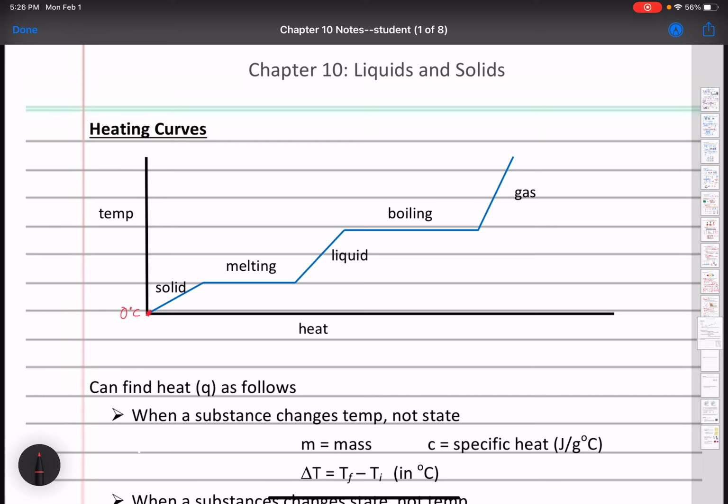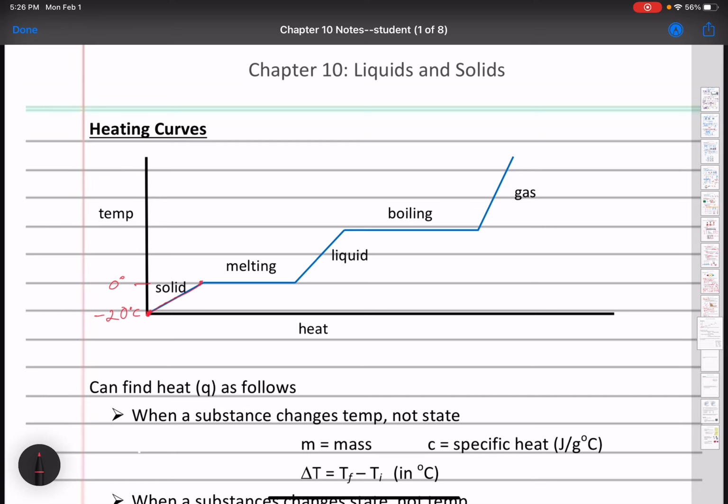Actually, let's make it even colder than that. Let's make it negative 20 degrees here. So you can have ice that's negative 20 degrees, and you can have ice that's negative 10 degrees, and you can have ice that's negative 5 degrees, all the way up to ice that is 0 degrees Celsius.